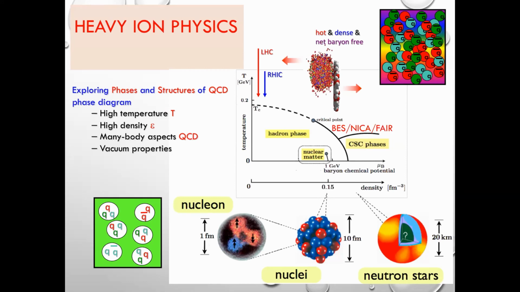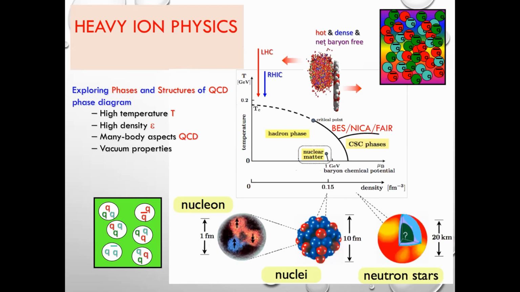Unfortunately, at RHIC and LHC energies, we don't see the distinct signatures of the phase transition. So the community decided that instead of, say, a first order or second order phase transition, we have just a smooth crossover.